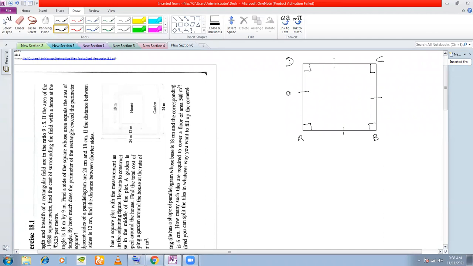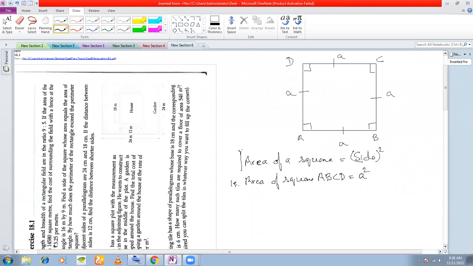If I take each of the sides of this square to be A, then the area of the square ABCD is the length of each side squared. That is, area of square ABCD is equal to A square. So you need to remember this formula.